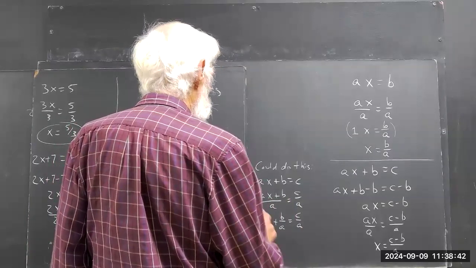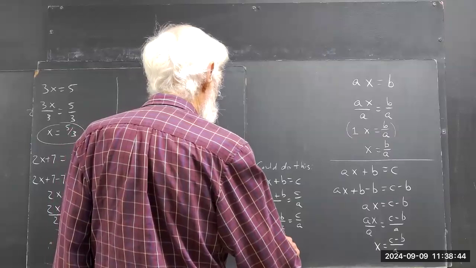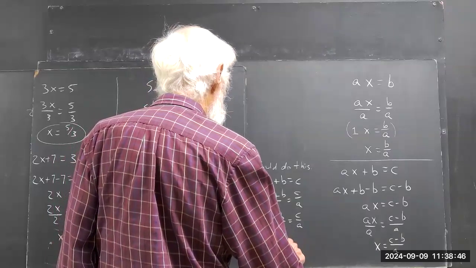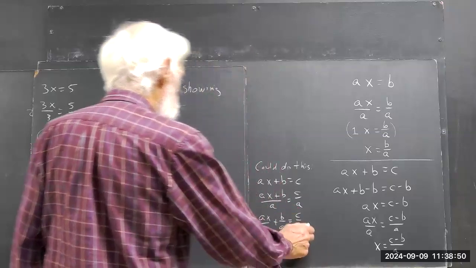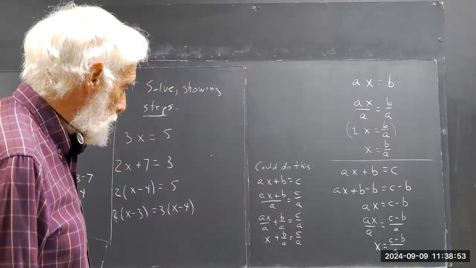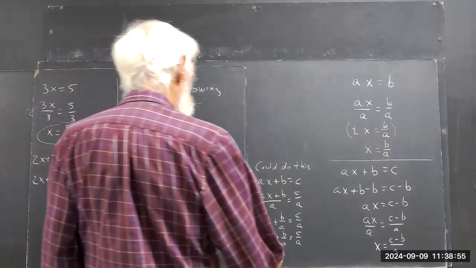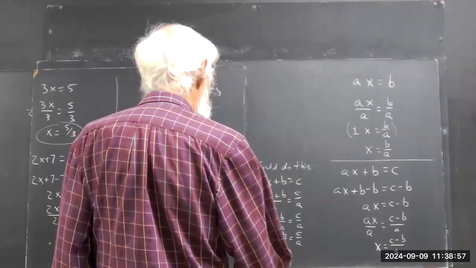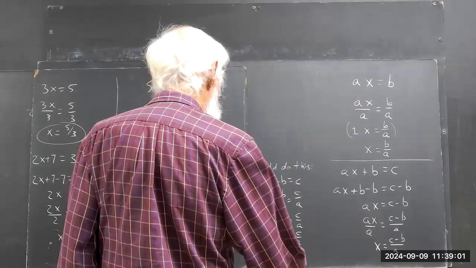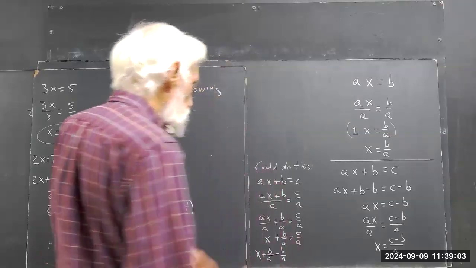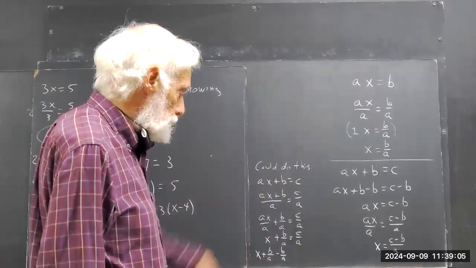Well, AX over A gives us X. We still have the B over A here and the C over A there. What do we do next? Well, we've got a plus B over A, and we've got to get rid of that.